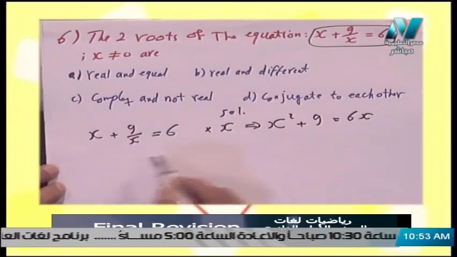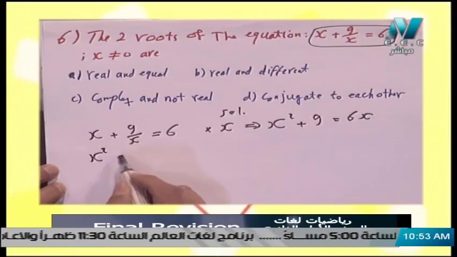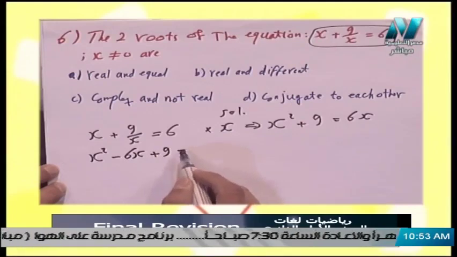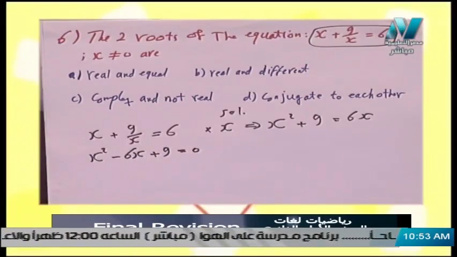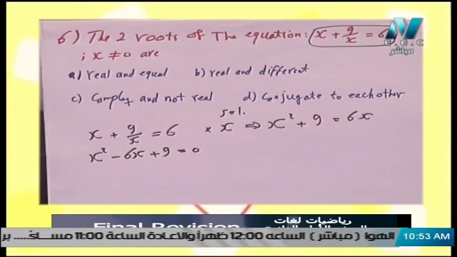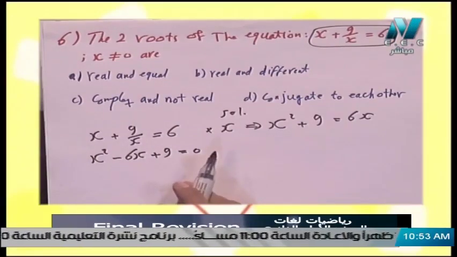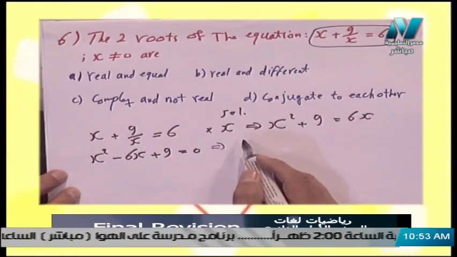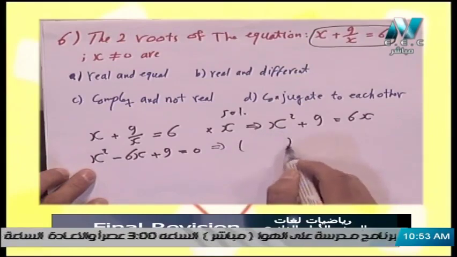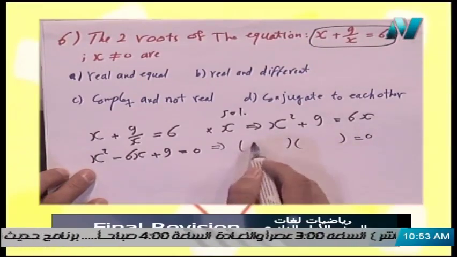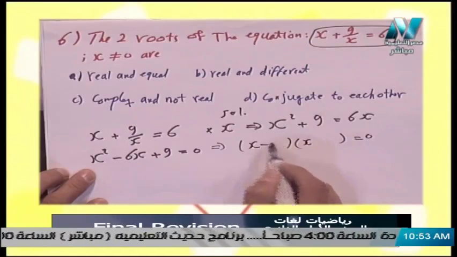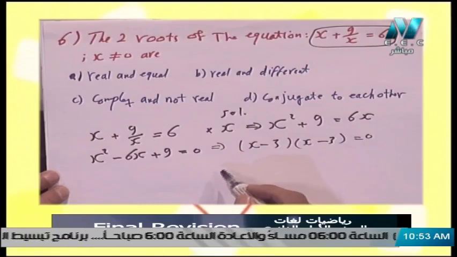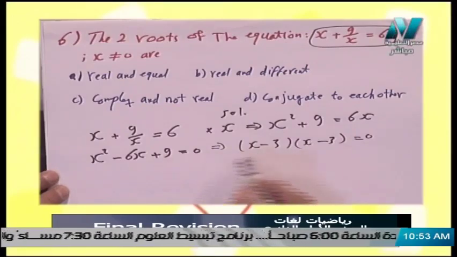By arranging it well, then x power 2 minus 6x plus 9 equals 0. Okay, by factoring this equation, then we will have two brackets here equal 0. We have x and x, negative and negative, 3 and 3. Okay, so we have the two roots are equal.